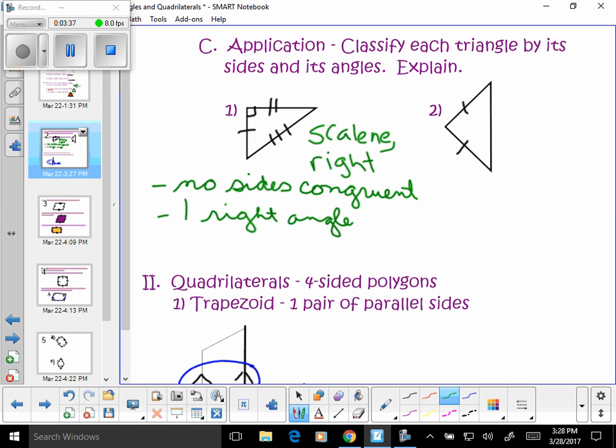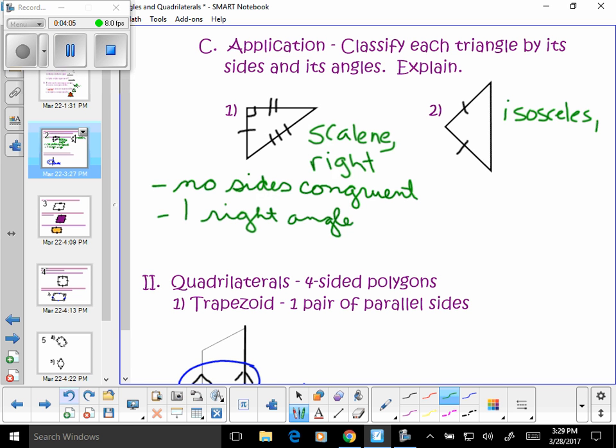Let's look at example 2. You'll notice here that you have some tick marks. So that means it is isosceles. Oops, spelled that one wrong. Let's try that again. I-S-O-S-C-E-L-E-S. In the word isosceles, if you'll notice, you have a lot of double letters. You have the double S's and the double E's. Now, I look at all of the angles.